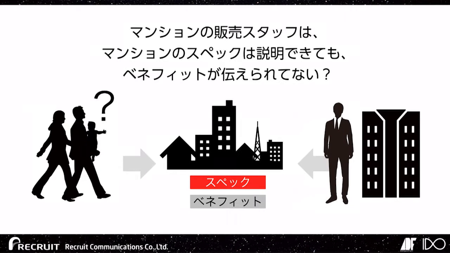So the staff who sell this condo, they know the specification, but they don't know the benefit of this apartment. So, for example, there is a 10 tatami living room, and there is a certain benefit if you have a big living room for specific customers.